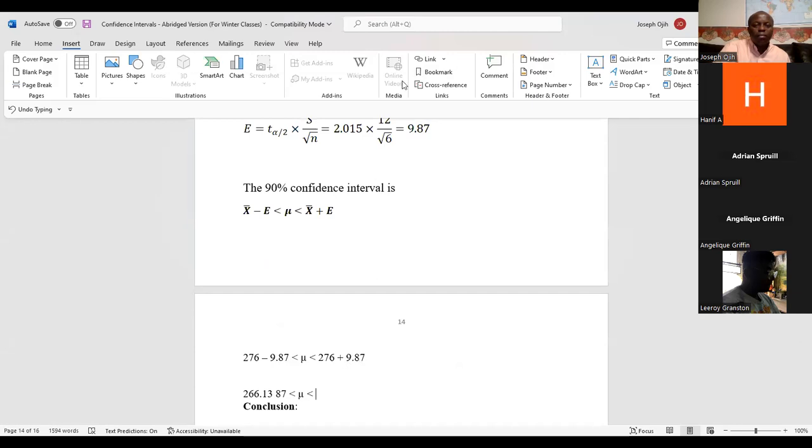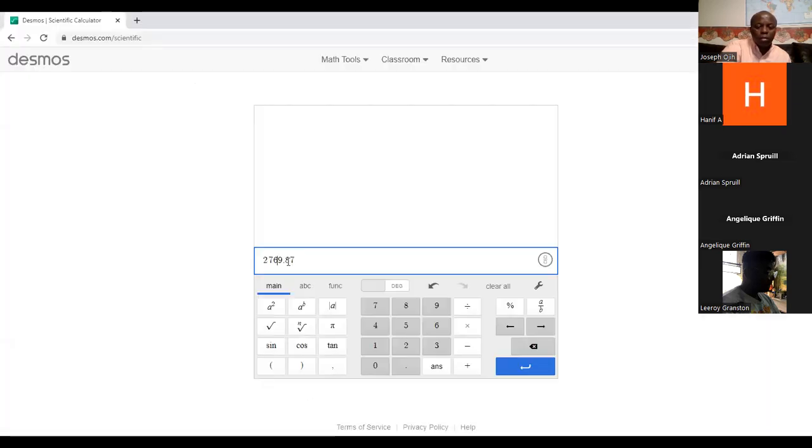Let's add it and see what the result will be. 9.87 gives us 285.87.